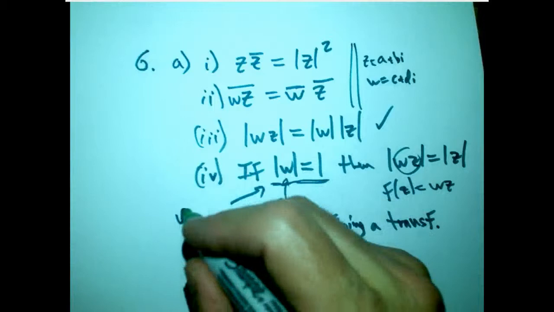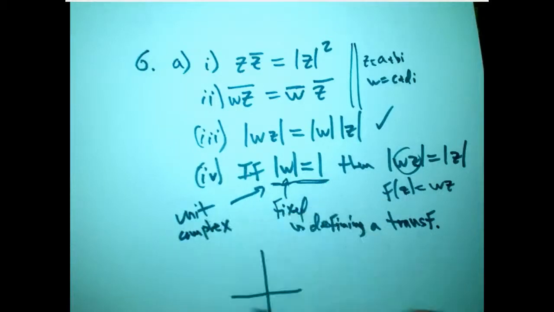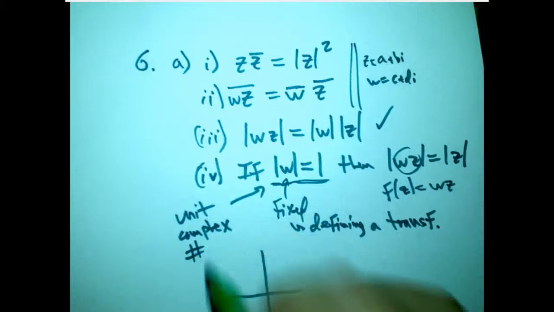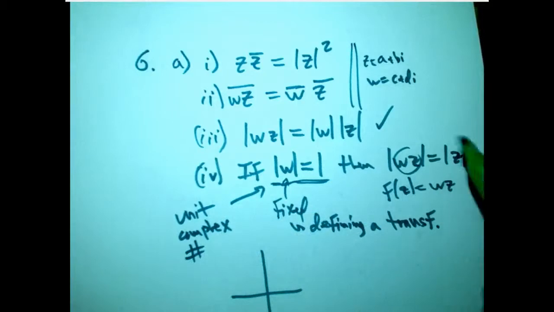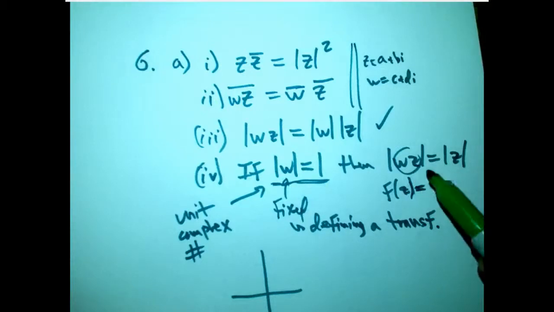So this would be called a unit complex number. Really short for unit magnitude complex number. Sometimes that can be a little ambiguous. It doesn't mean it's literally 1. It means its magnitude is 1. Well, what does this say? It says that wherever z goes, it's somewhere with exactly the same length.